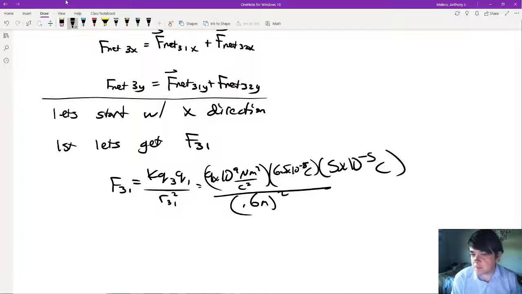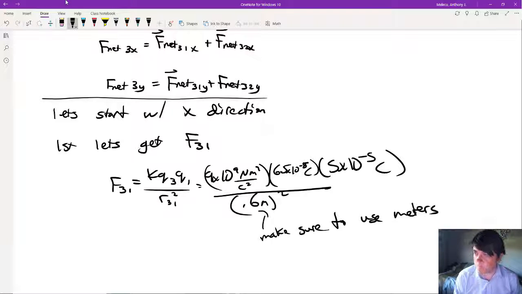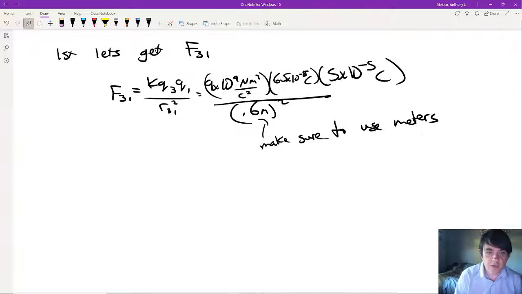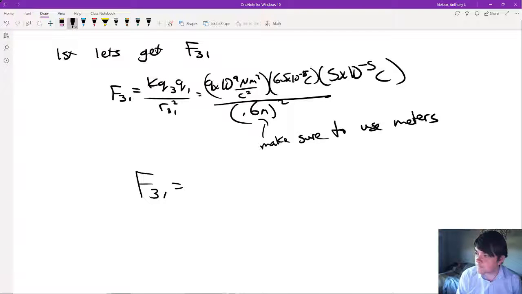So 60 centimeters is converted into meters, so make sure to use meters. Okay, so you do the math on this, and again, I didn't use signs or anything, we just want the magnitude. F31 is equal to 140 newtons, okay?